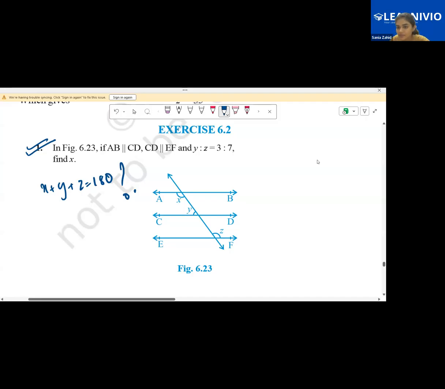Ma'am, because they're like... See, I have only x plus y on one side. Z is not related to that. If Z is on the other side, this sum cannot be 180. So you have to remove Z first of all from here. So no, this is wrong. X plus y is 180. That part is correct.